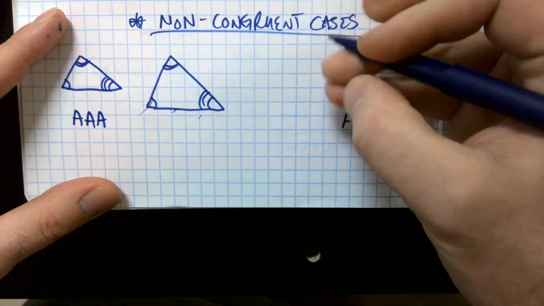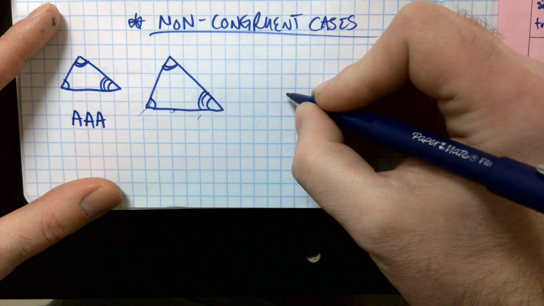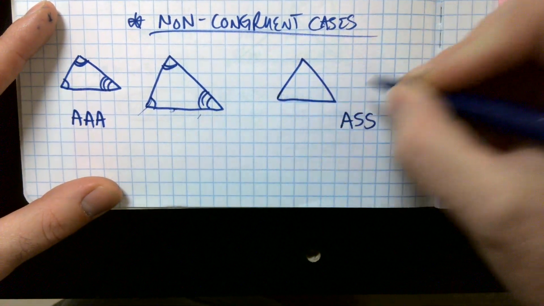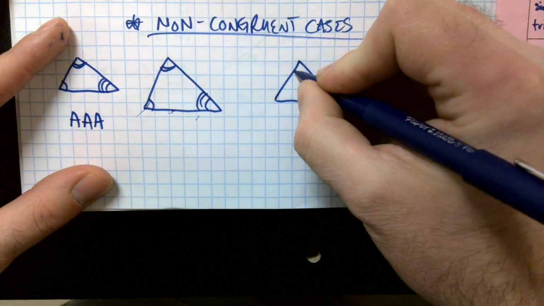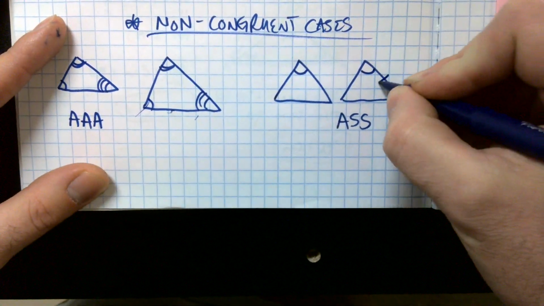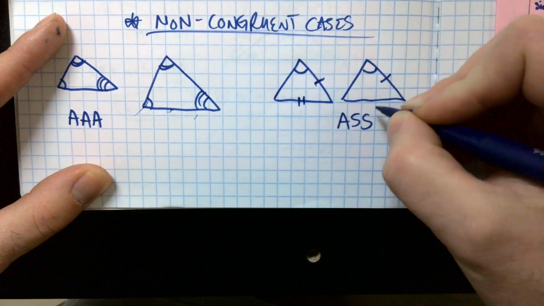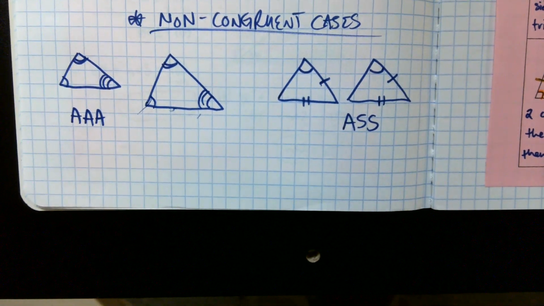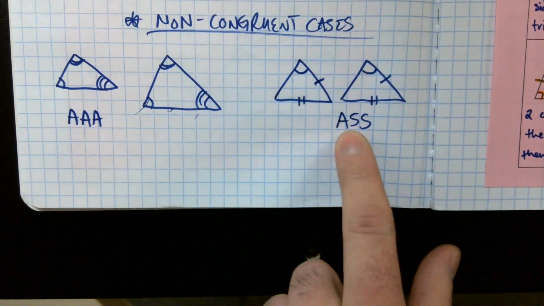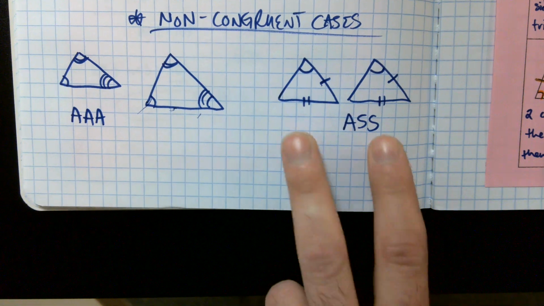If I have an angle, a side, and a side. Angle, side, side. I think you guys can pronounce that.